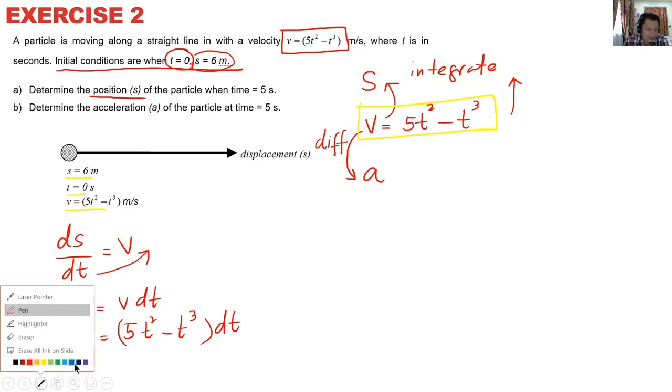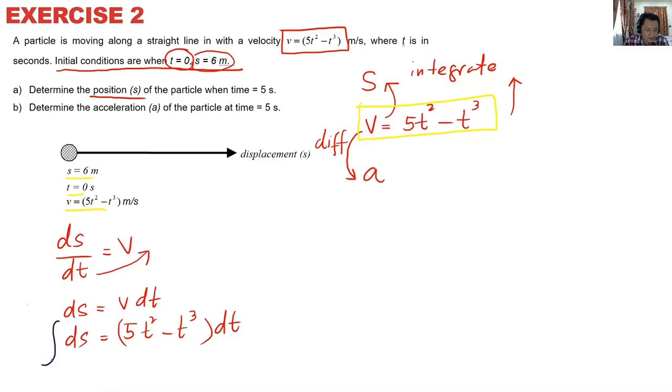Now you gotta put your integration limits. ds, original displacement, already has a value 6. When time is equal to 0, s is equal to 6. So you have to put 6 here. This one you have to put s.